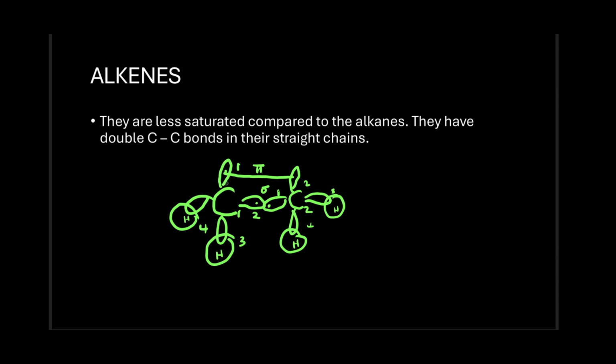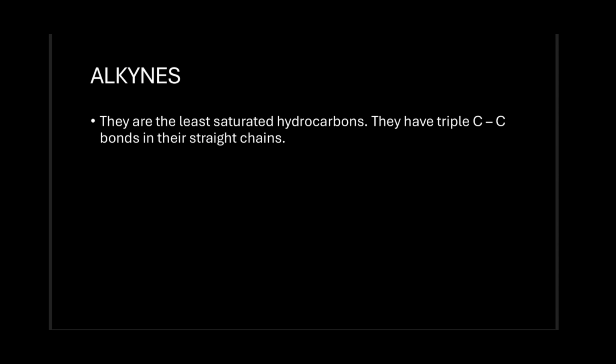So pi bonds are formed when the hybridized orbitals lie side by side, and then sigma bonds are formed when the hybridized orbitals are bonded head-on. Let's move on to the next functional group.